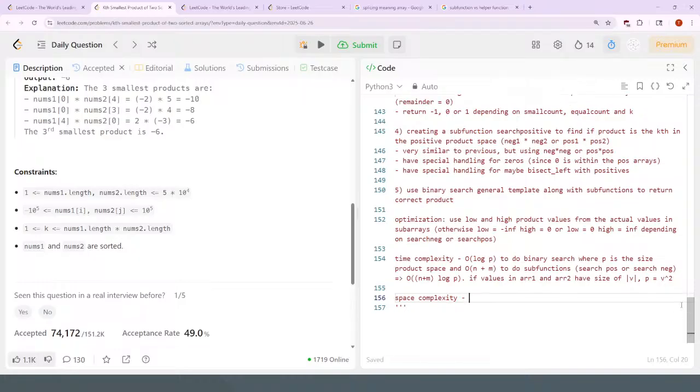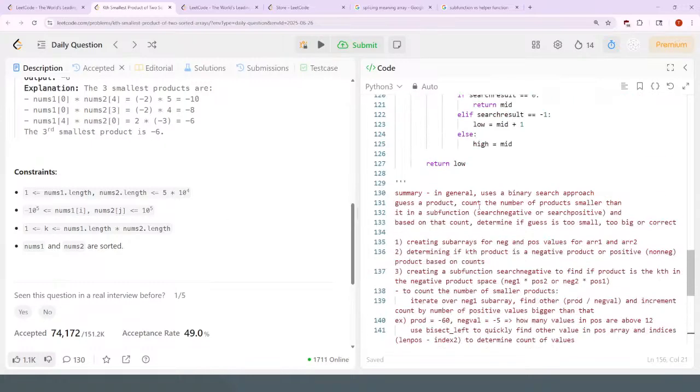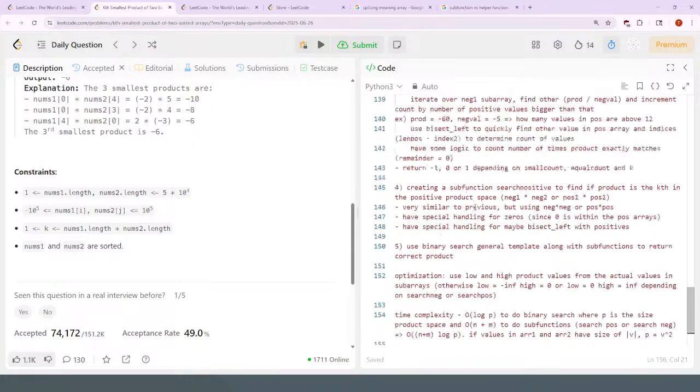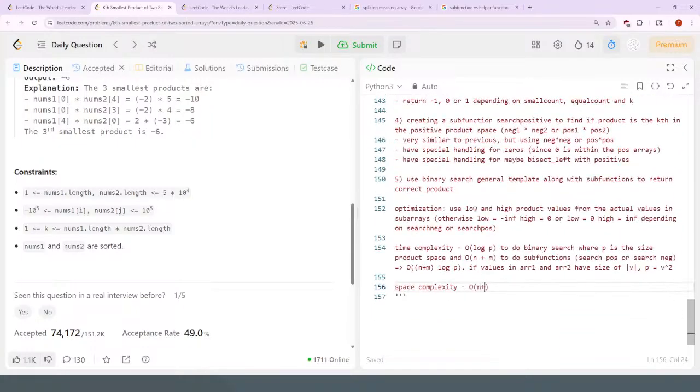Yeah, space complexity, this can be O of n plus m, in order to create the subarrays for negatives and positives.